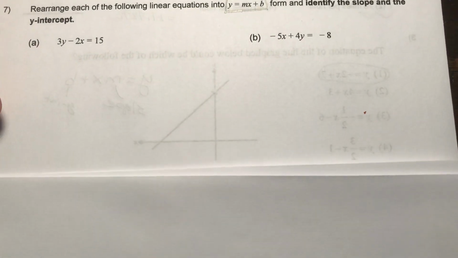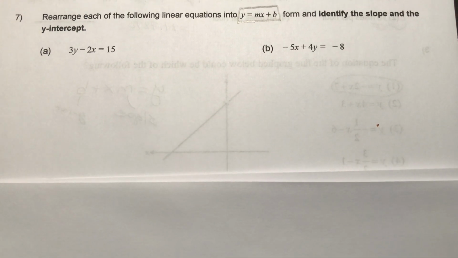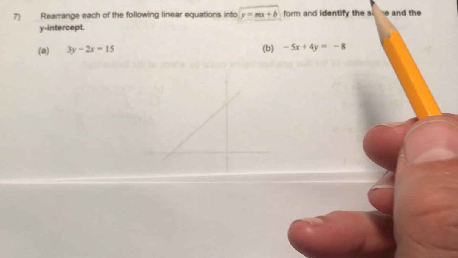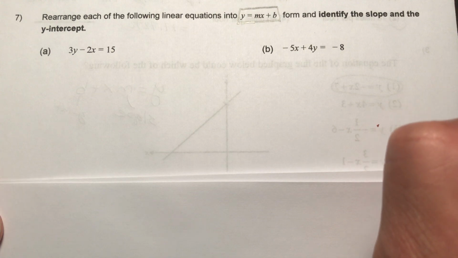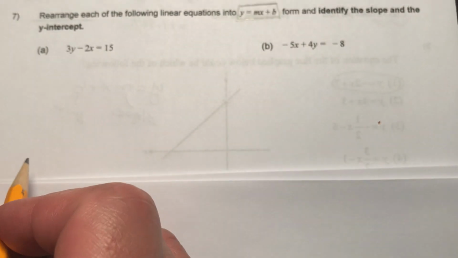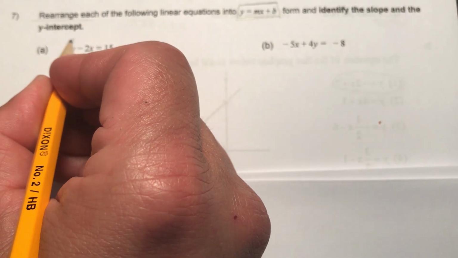All right, let's finish up number 7. It says rearrange these, and you can see I already have a box around. They want y equals mx plus b format and to identify the slope and y-intercept. So that means I want to have y by itself. So our goal is to get this y right here alone.